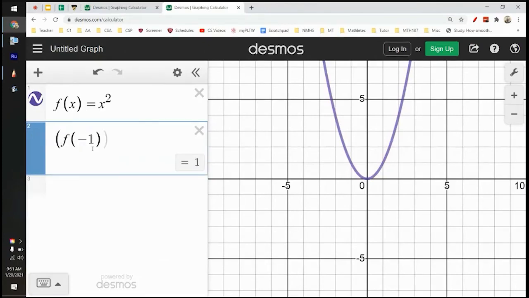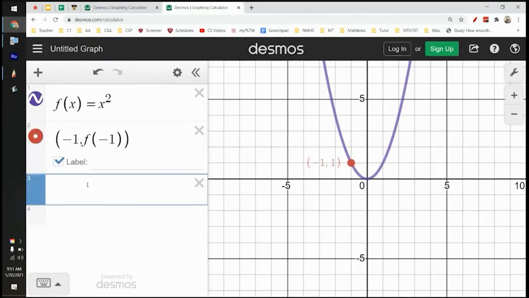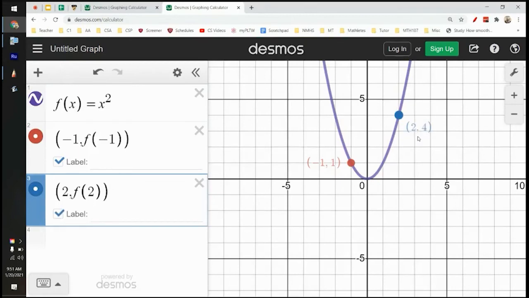So that's -1, f of -1, right there. Let's do 2, f of 2. Let's label that right there. Now what you can do is find the slope between those 2 points. That's the slope of a secant line. You've been doing that since Algebra 1, finding the slope of those.